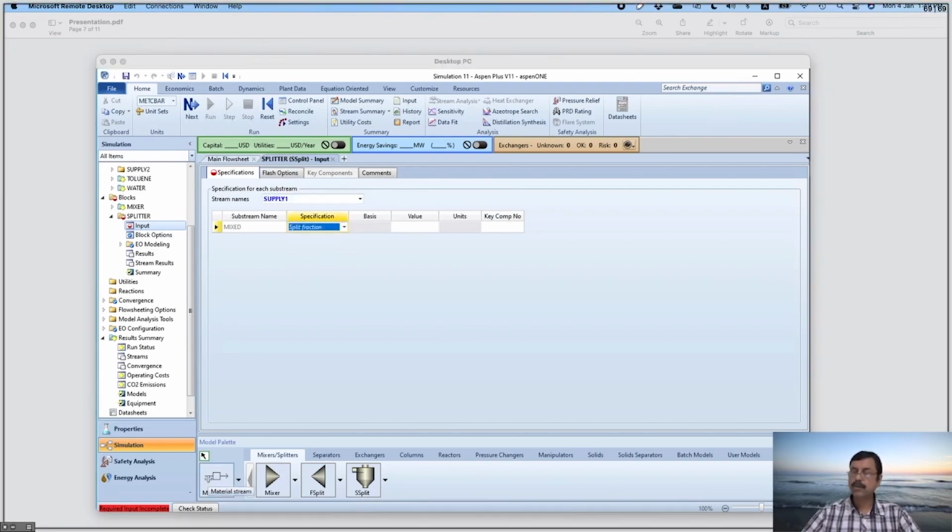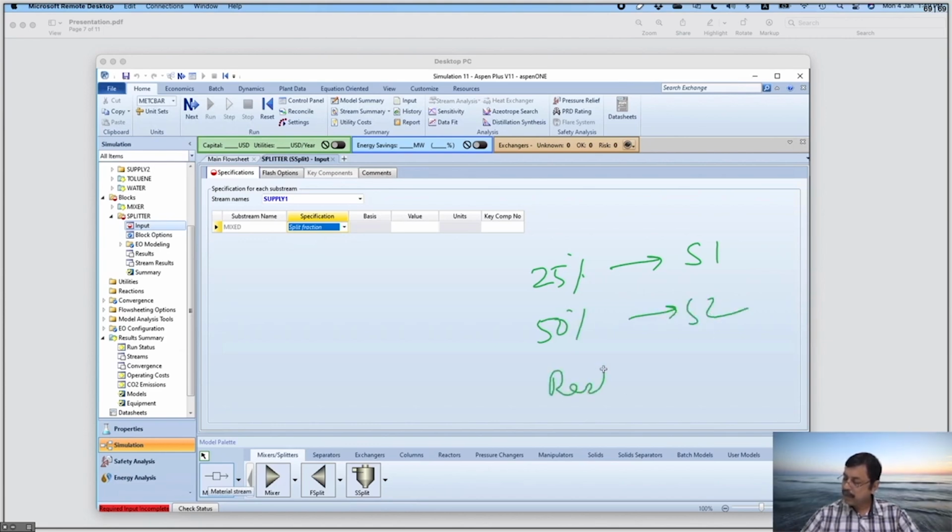Now let us assume that we will take 25% of the flow and send it to supply 1, 50% of the flow will be sent to supply 2, and the rest of the flow will be given to the storage tank. So let us go by this strategy.